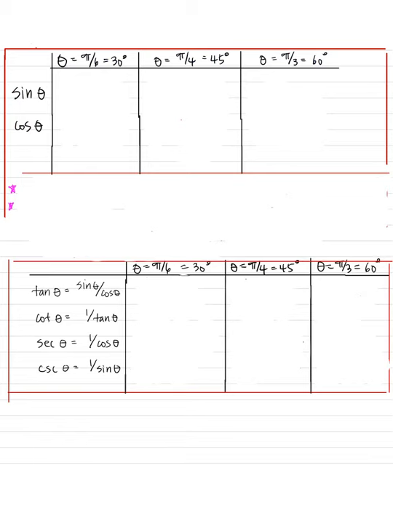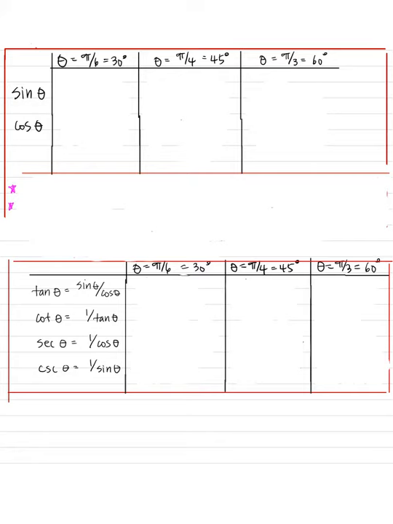So if you like to memorize things, if you're pretty good at memorizing things, I found a lot of students like to memorize the sine and cosine of pi over 6, pi over 4, and pi over 3 in this way. So I already made the chart, sine on the top, cosine on the bottom. I'm going to start with the smaller angle, which is 30 degrees, 45 degrees, and 60 degrees in that order.